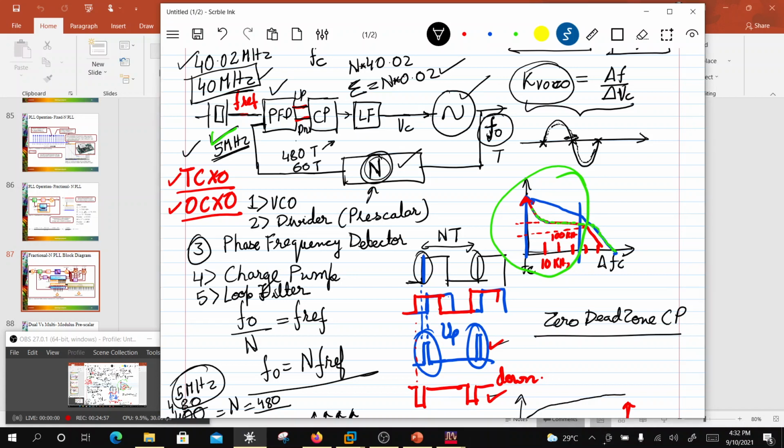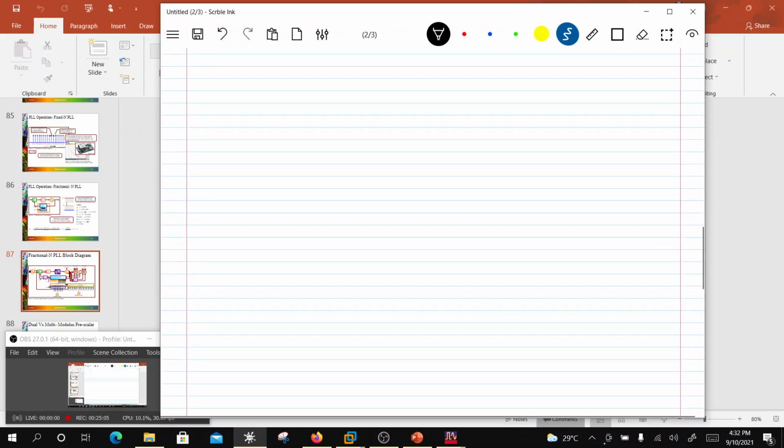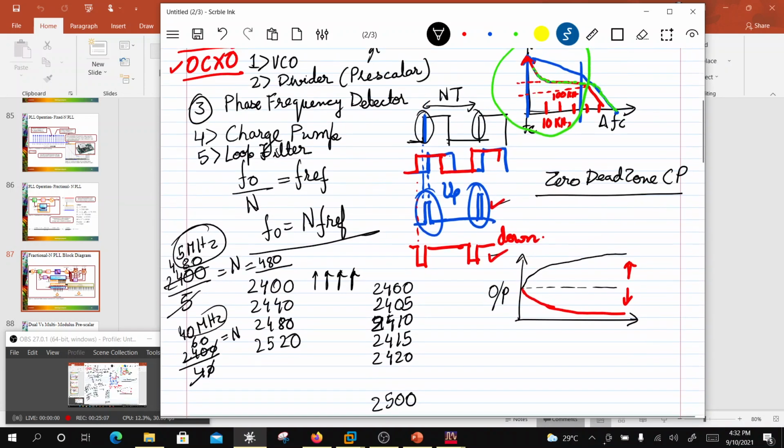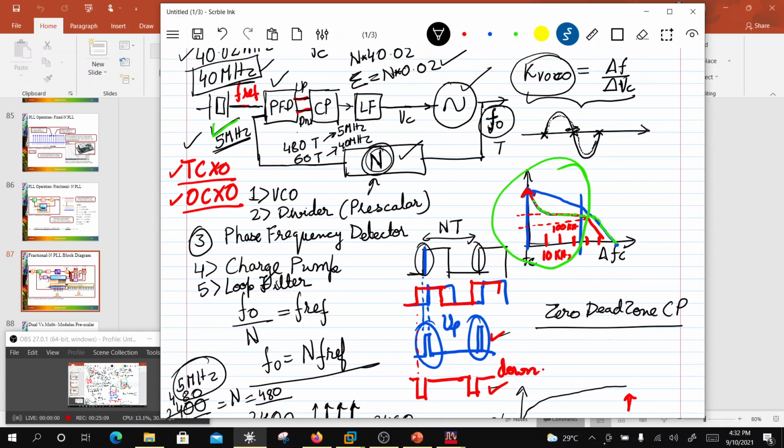So this case is when it is a 5 megahertz reference, and this case is when there is a 40 megahertz reference. The time period is 480T in the case of 5 megahertz, and 60T in the case of 40 megahertz.